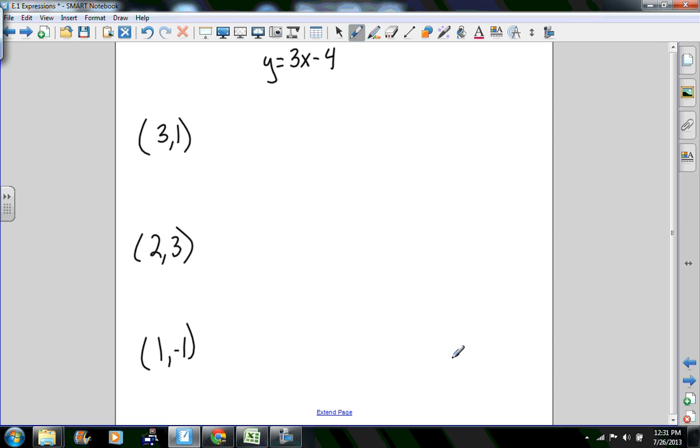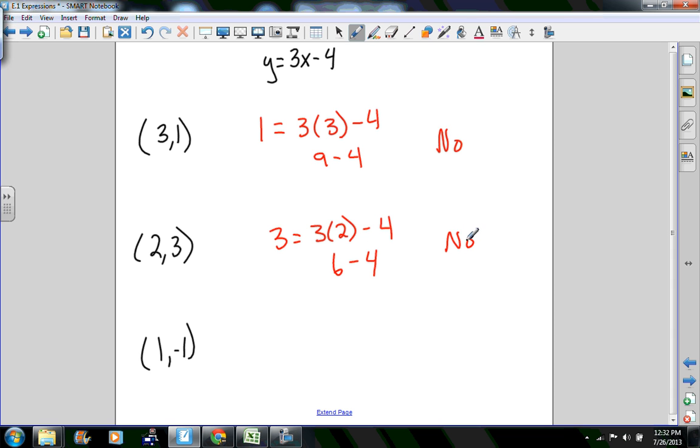I want you to try these on your own. So I got 1 equals 3 times 3 minus 4. So this is 9 minus 4, which is 5. So this is no. This I get 3 equals 3 times 2 minus 4, which is 6 minus 4.